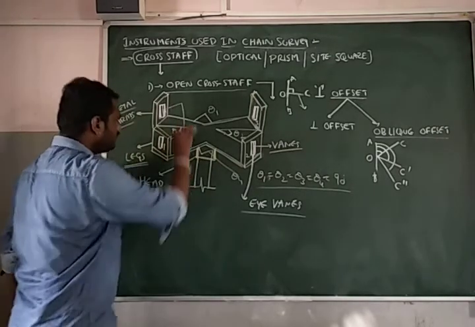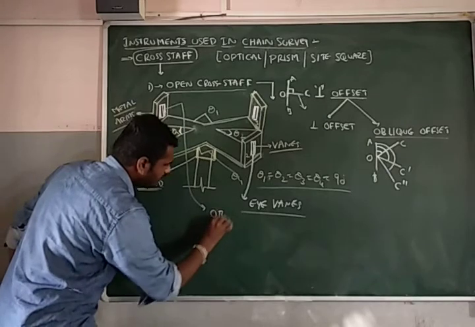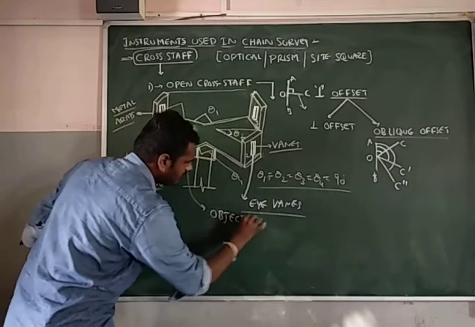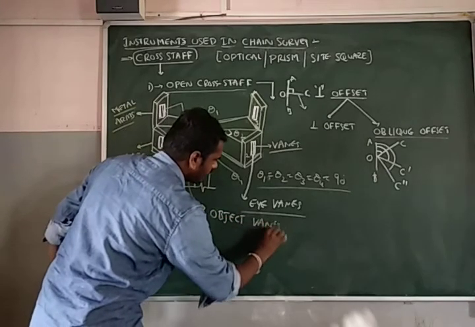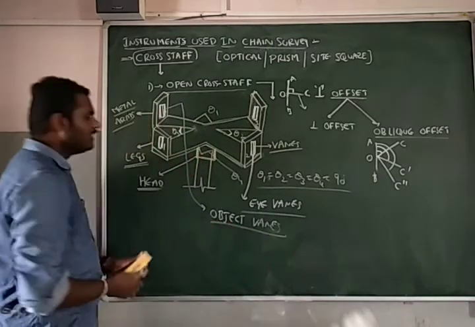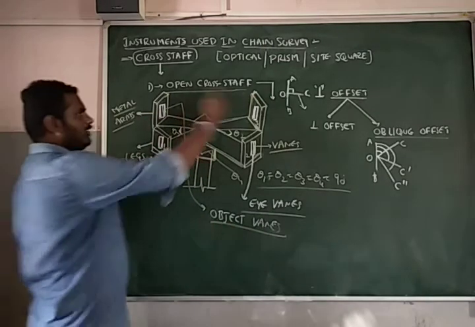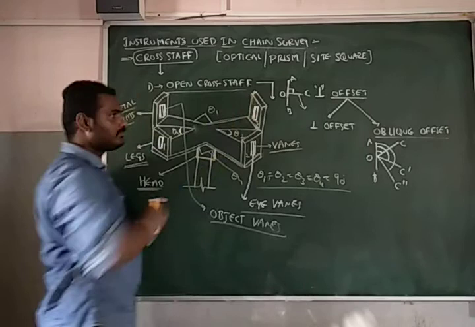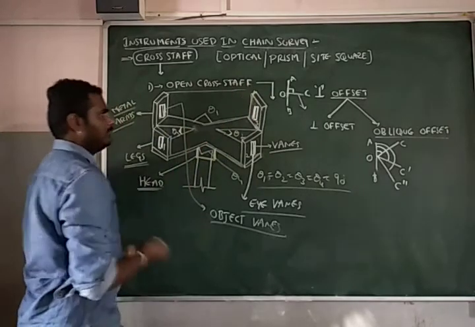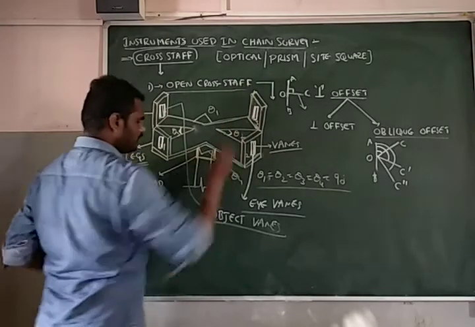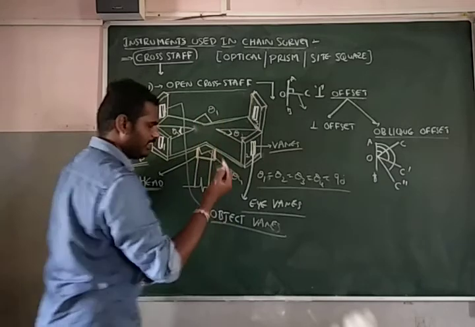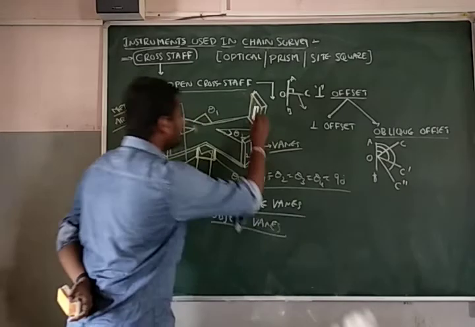So from here, object vanes. Okay. So through the eye vane, then the object vane, then finally the position or the point. These two object vanes contain a small slit and a hair, which we call the horsehair.